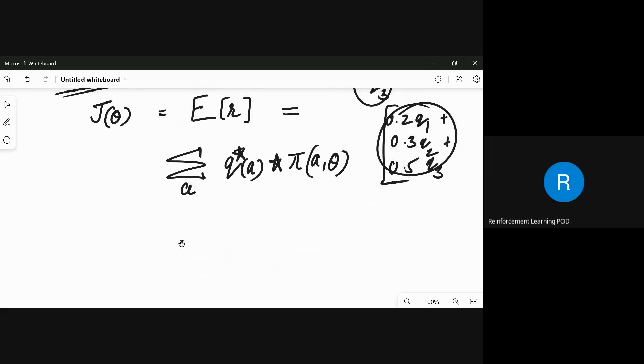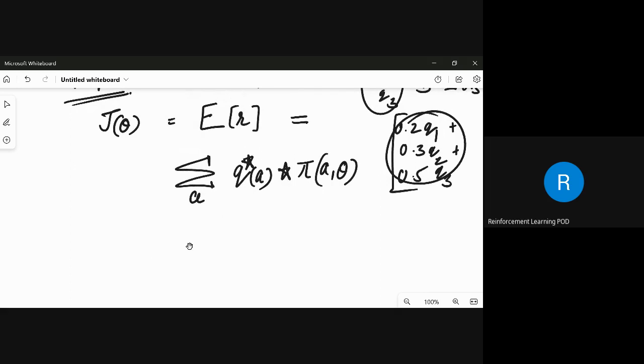Now, what I need to find out is the derivative of this, right? Because if I find the derivative, the gradient of this, then I can go back to my update rule and change theta as soon as I get some samples. We'll come to the samples, but actually I need to compute the gradient of this.